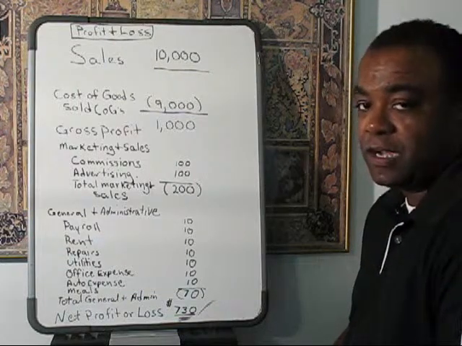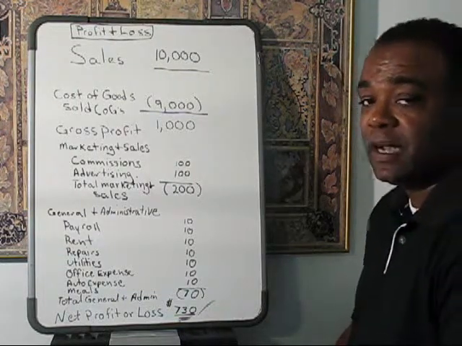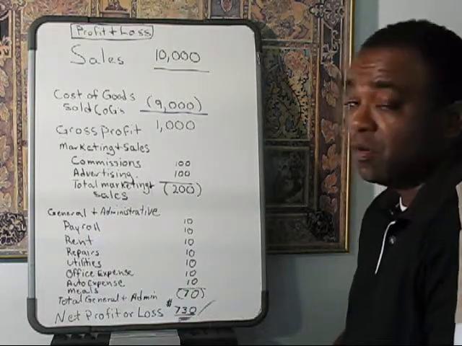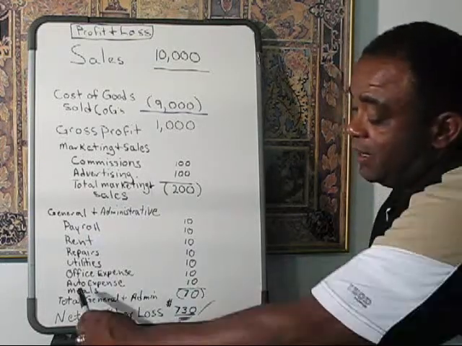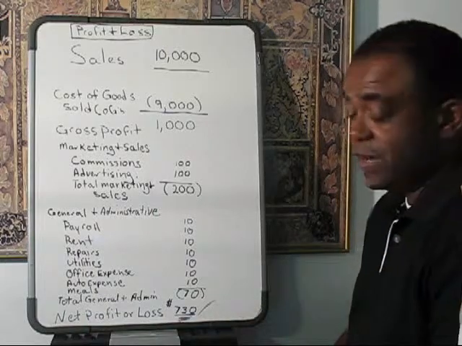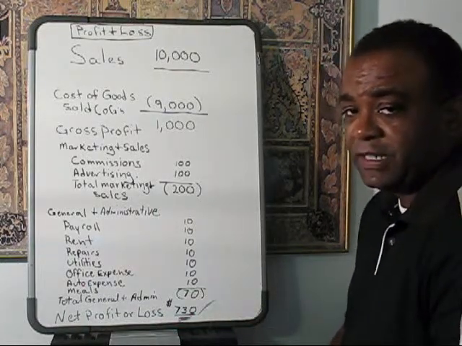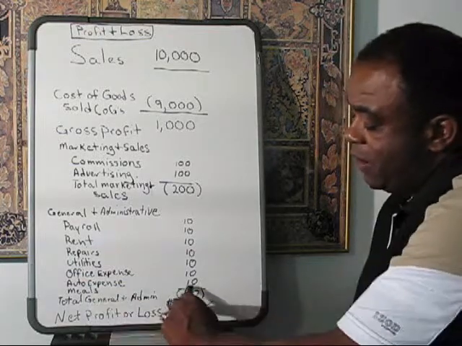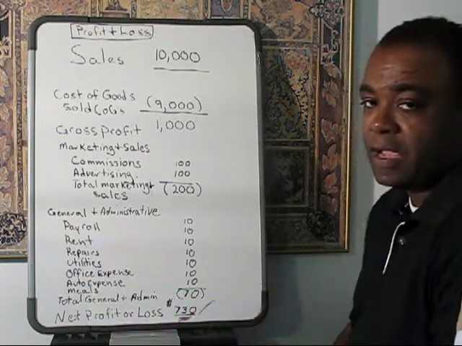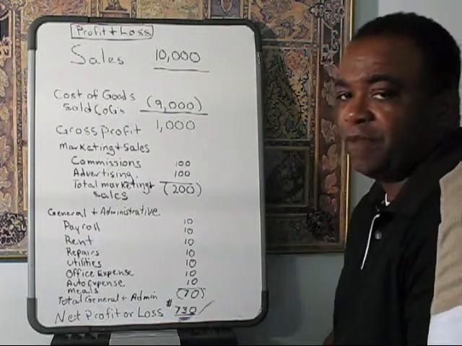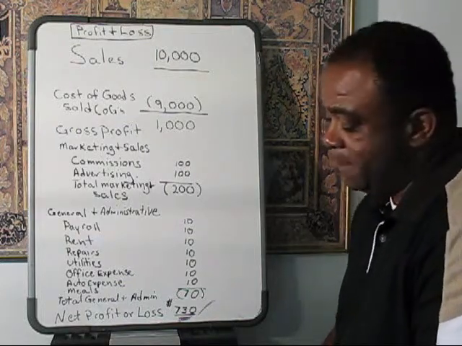Those expenses are deductible as operating expenses under the general and administrative section of the profit and loss statement. So you can write all those off. And then you have meals that are incurred. And 50%, a lot of people are under a misconception there: you account for 100% on your profit and loss statement, but on your tax return you'll only be able to deduct 50% of business meals, okay?